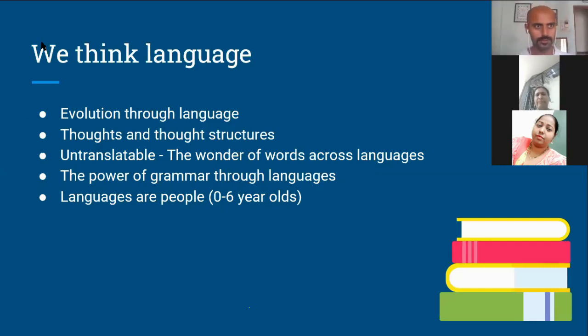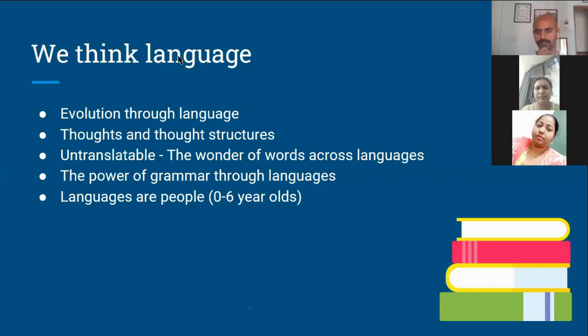Okay. So the first thing is how did language come up and how does it affect the brain? So any of you can put in any guesses, anything that you want to say about this. How did language come up, or what do you think languages do to your brain?